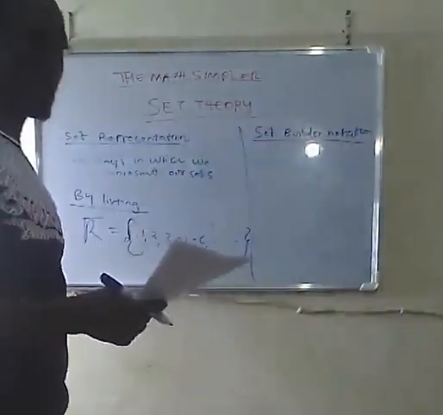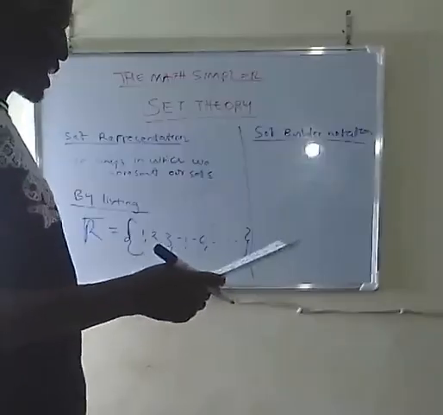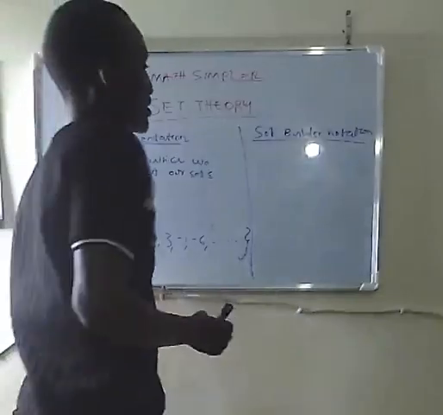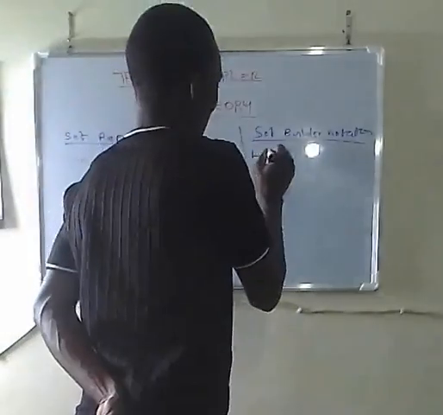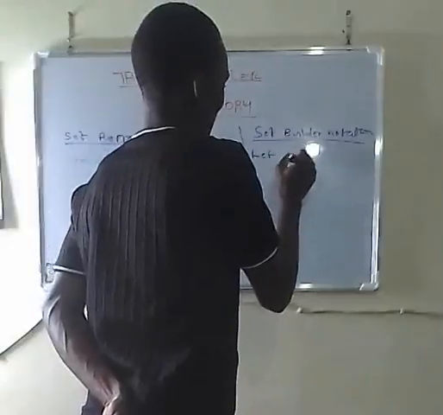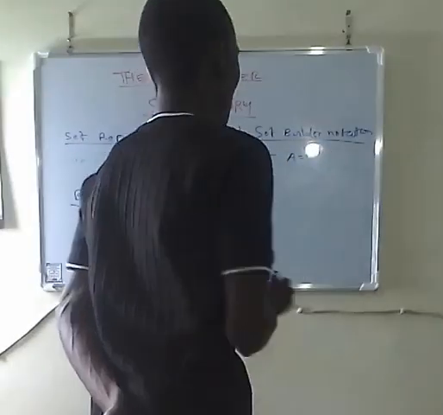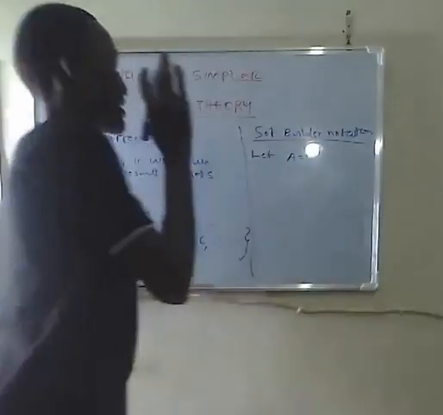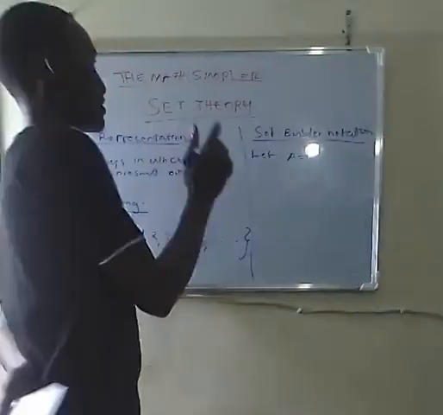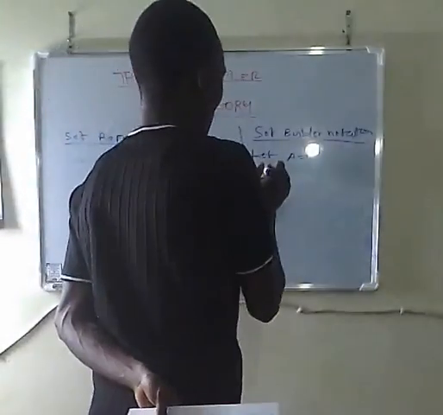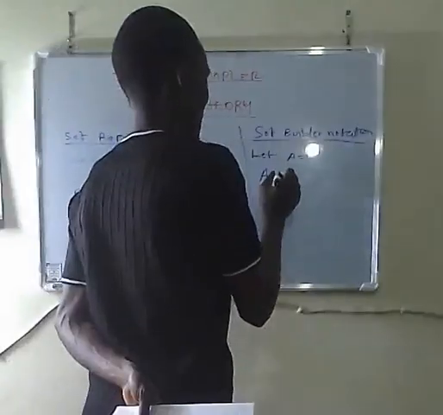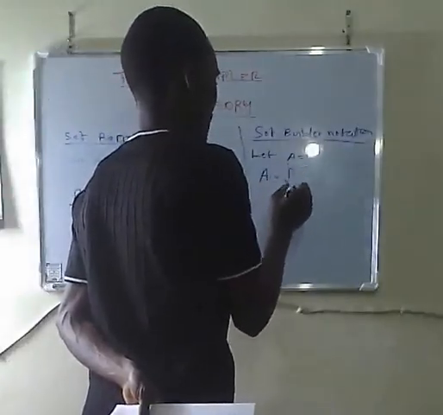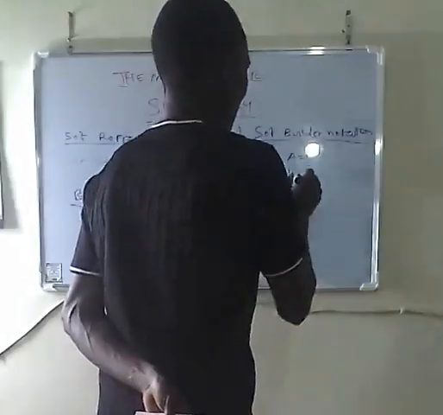A set builder notation has curly brackets, x such that.